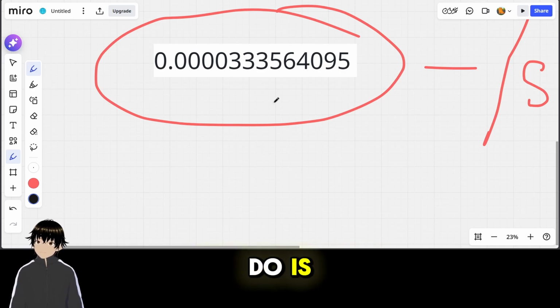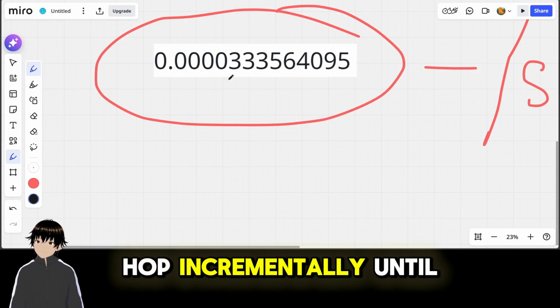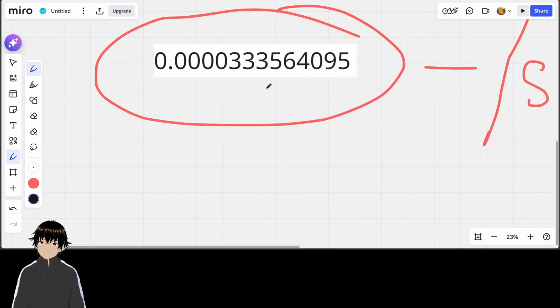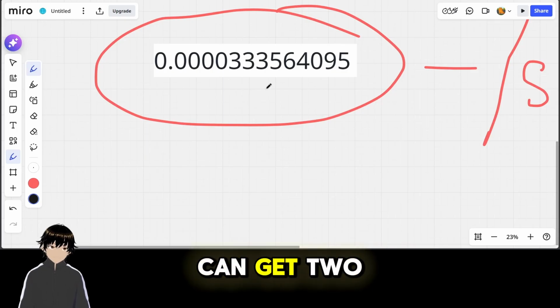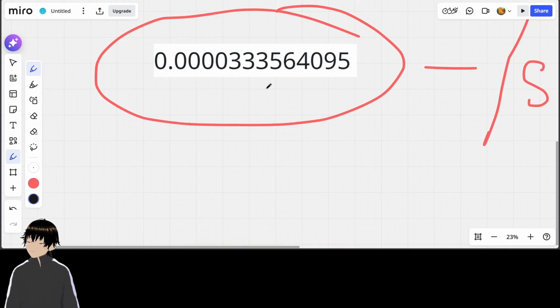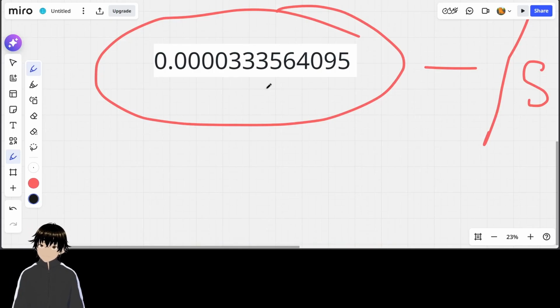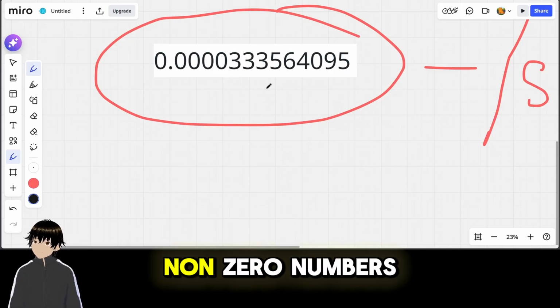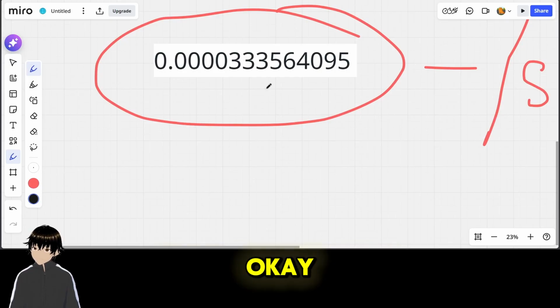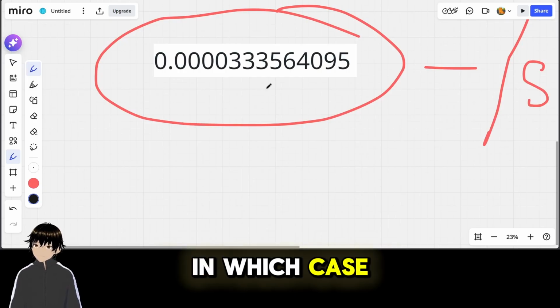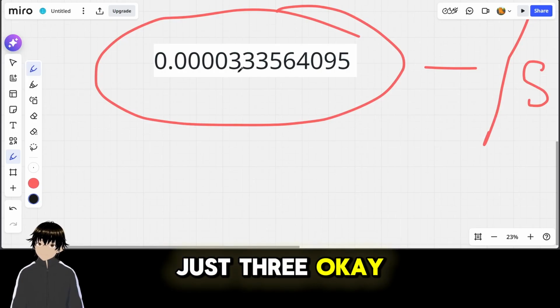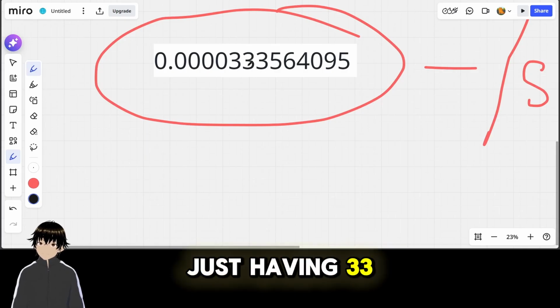What you want to do is hop incrementally until you can get two or three non-zero numbers, okay? In which case, just three. Just having 33 will do.